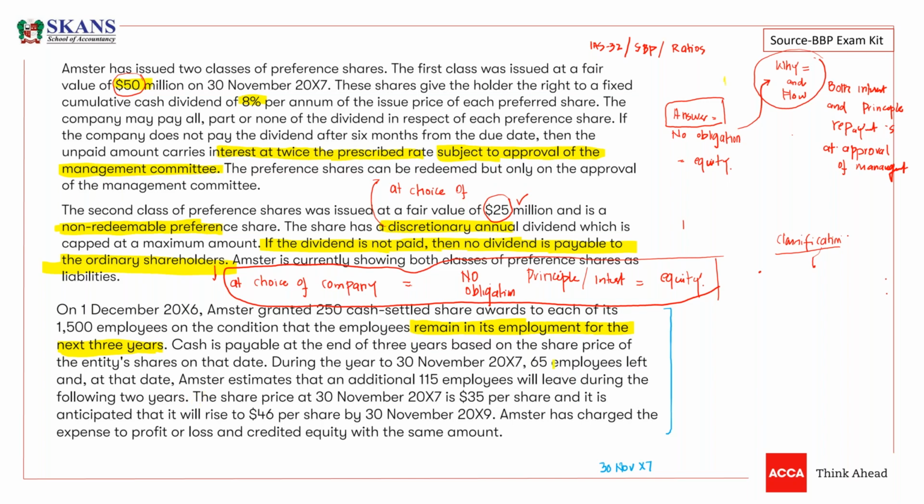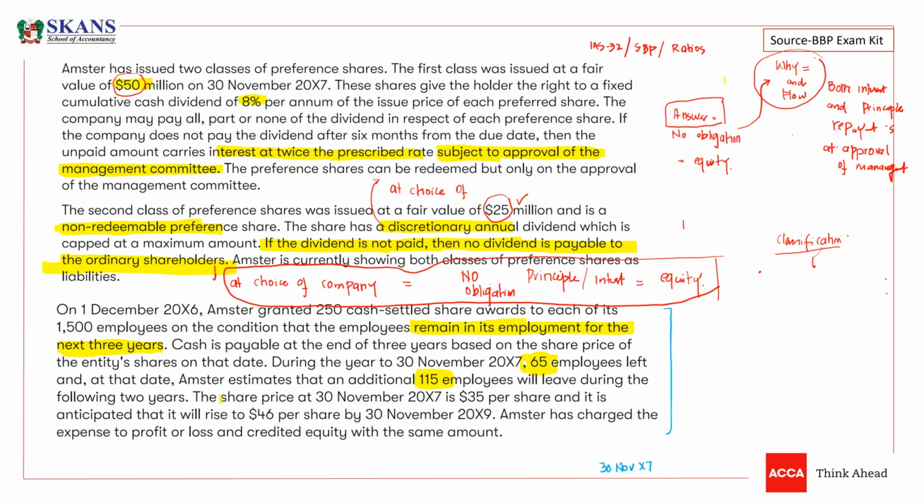So we need to deduct the 65 who have left the company, and these 115 who are going to leave, because we are going to calculate with the expected number of employees who are going to complete 3 years.